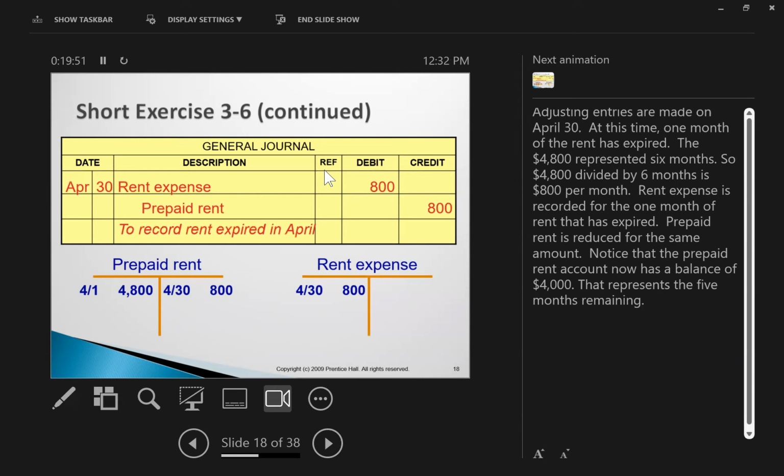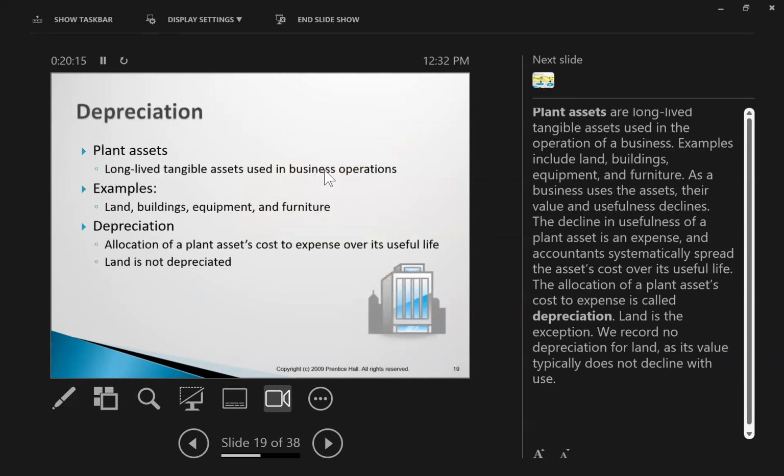I would go into the ledger and under prepaid rent, I would post 4/30, $800, and under rent expense, $800. My balance for prepaid rent now is $4,000. And each month I'm going to do the exact same thing until that's totally gone, and then I would have 0 in the prepaid rent account.